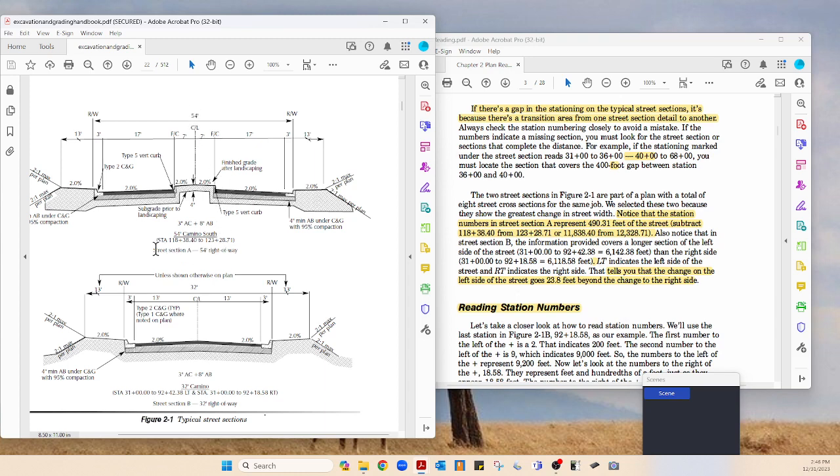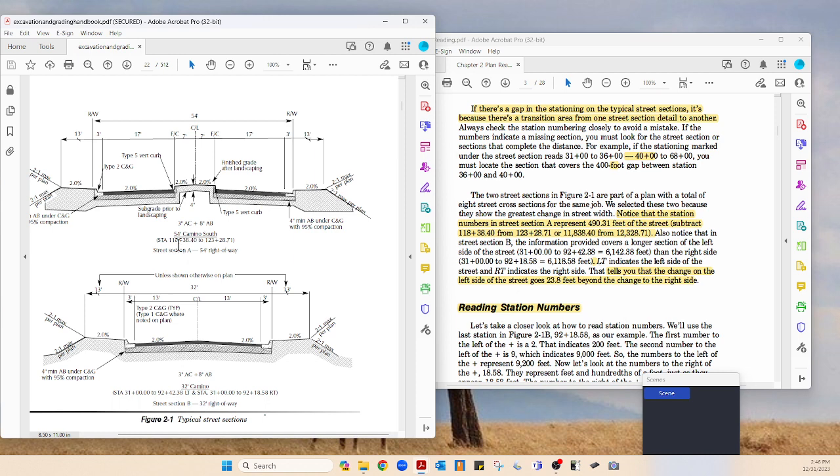I can go down here and see I'm on street section A, and it's saying I have a 54-foot right of way. It's telling me that this typical, which is another name for a cross section, is starting at station 118 plus 38, I believe.